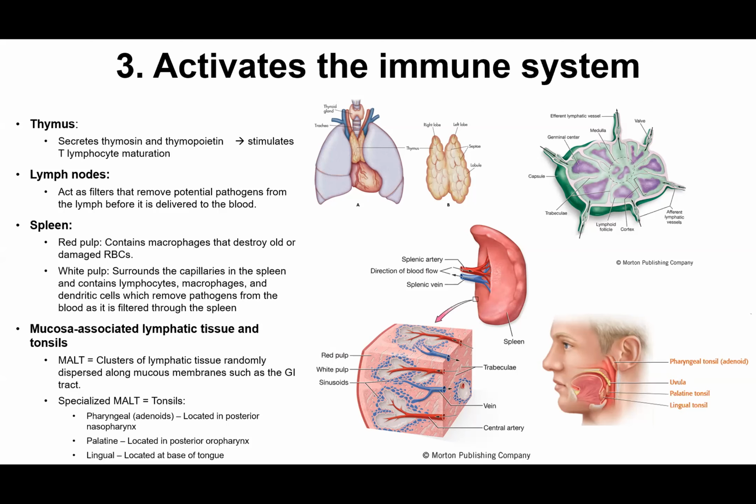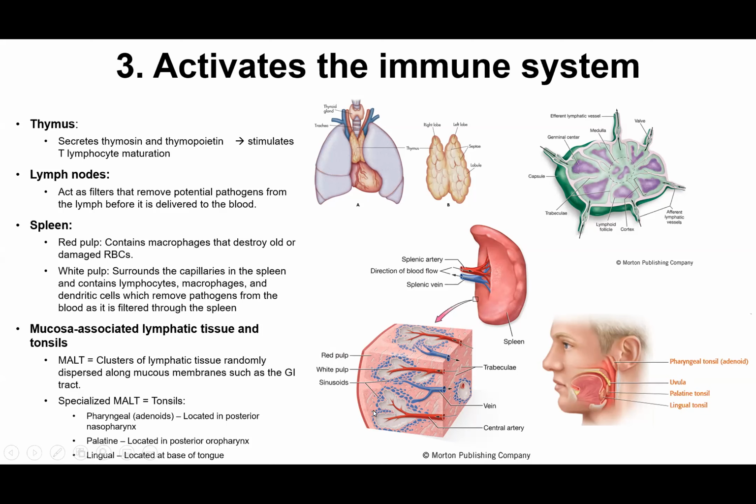Okay, so essentially what the spleen does is it has two major regions. So the red pulp is the region that's going to destroy old or damaged red blood cells that we have no use for. But the white pulp is the part that's going to help activate the immune system, because the white pulp surrounds these capillaries that are in the spleen.